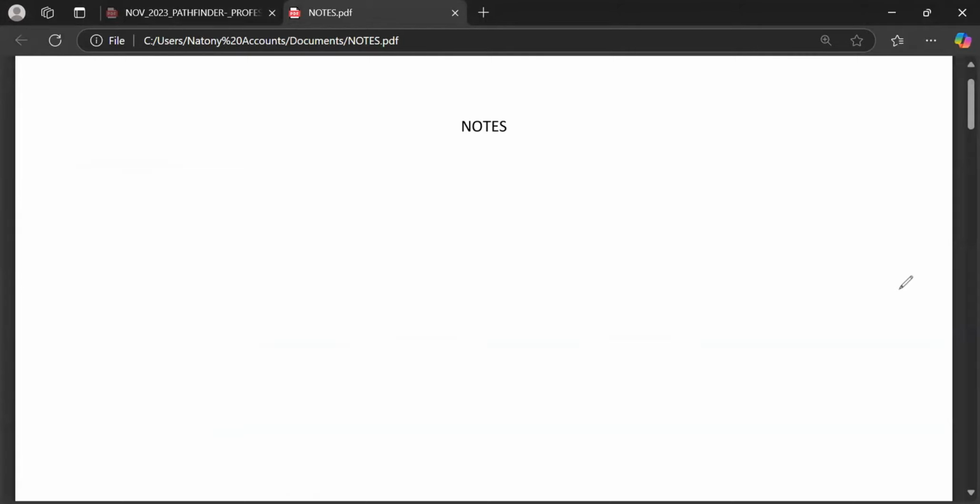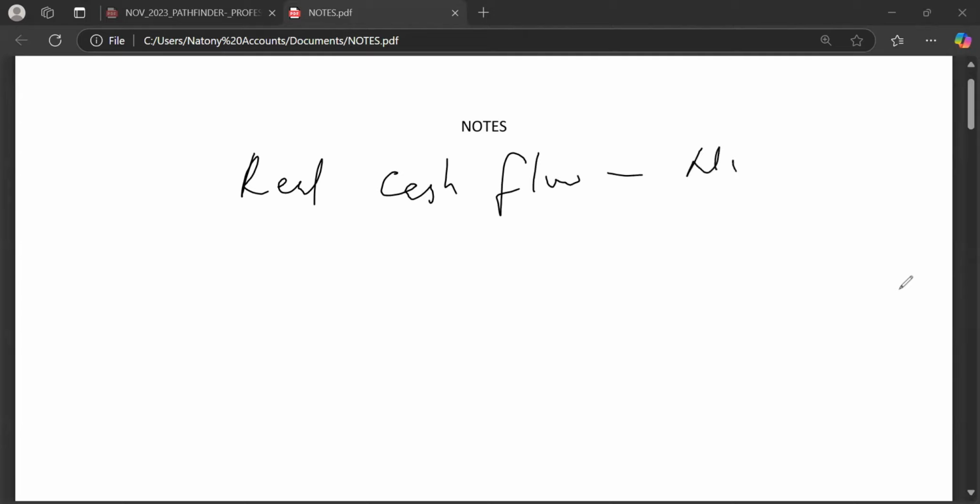So further emphasis on your investment appraisal, because there are some things that you may need to be familiar with. Real cash flow, not inflated. Real cost of capital has not been inflated either.